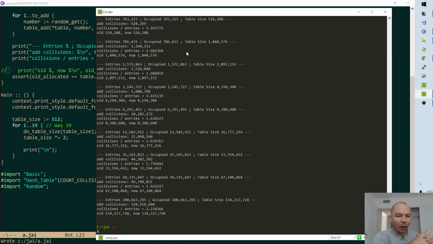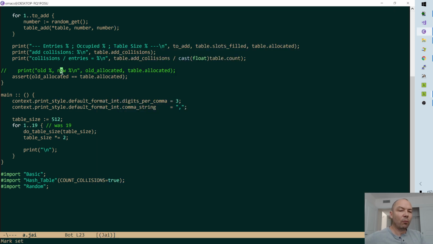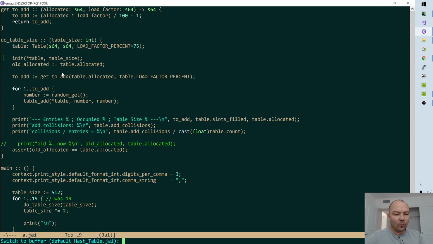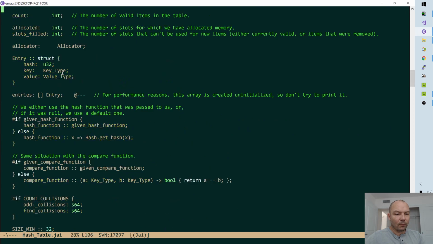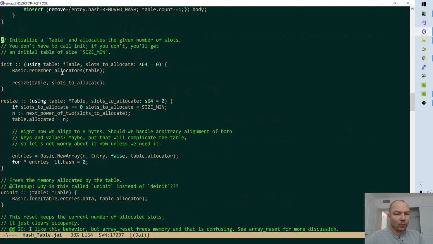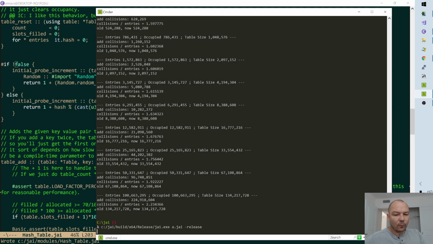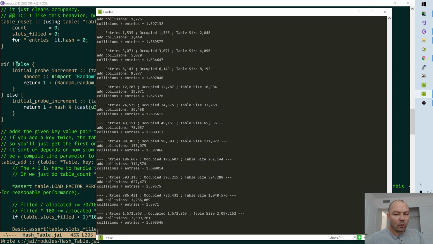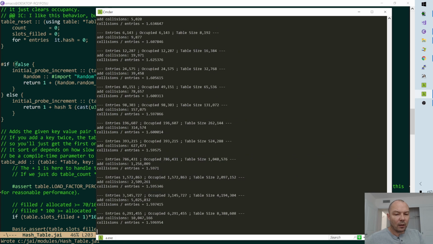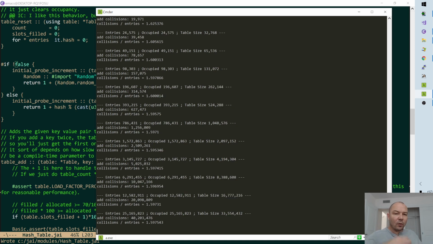So here it goes up, right? But again, I think if we swap out our random, where was it? Here, if we swap this out, we'll get many fewer collisions and it stays level, which I kind of don't get.